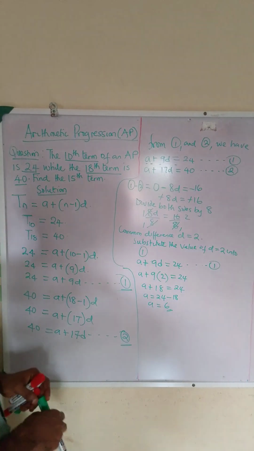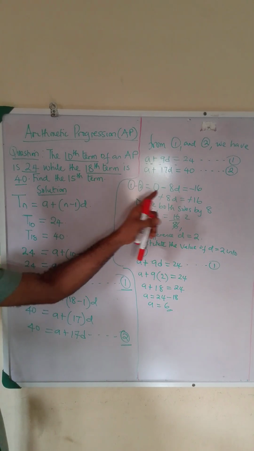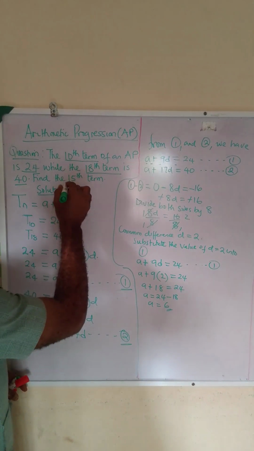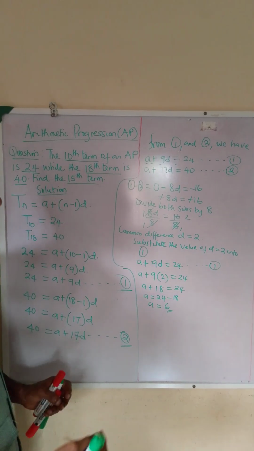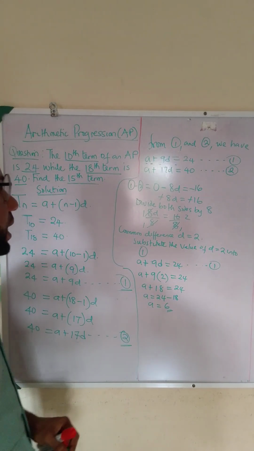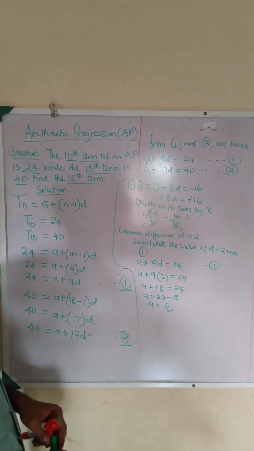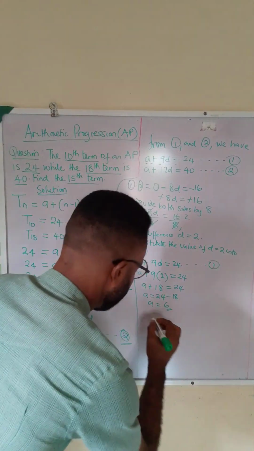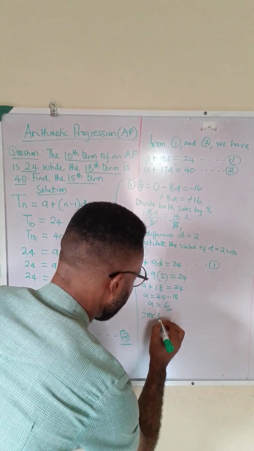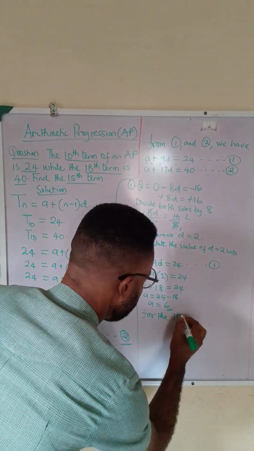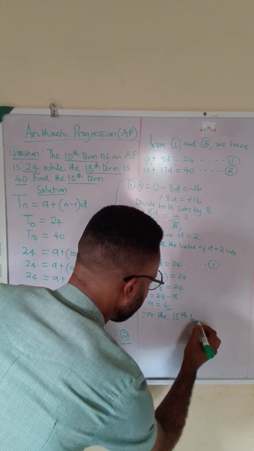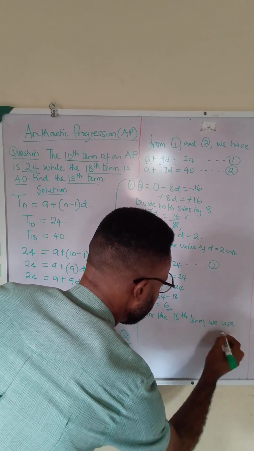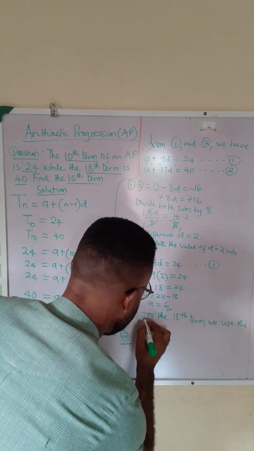Now since we've been able to determine the value of d and a, we can establish a formula for the 15th term and then bring in the values of a and d to find the exact value of the 15th term. So for the 15th term, we use the formula below.